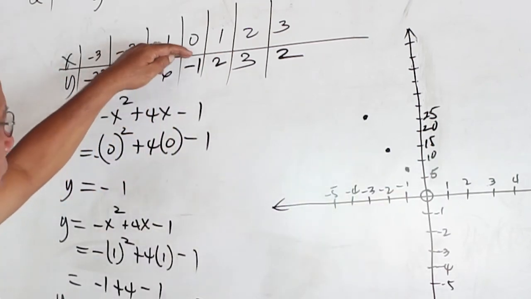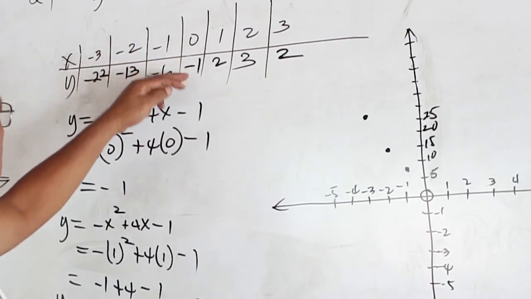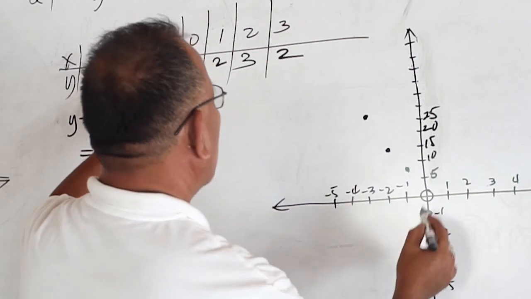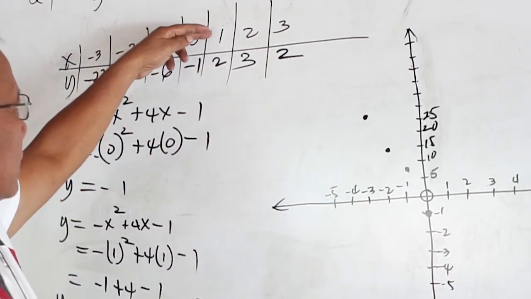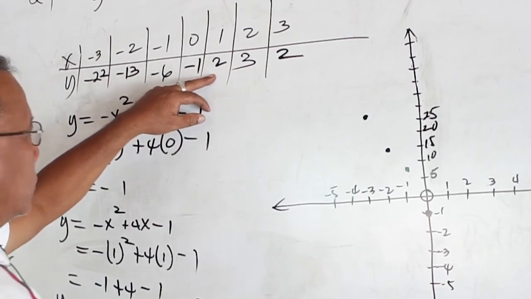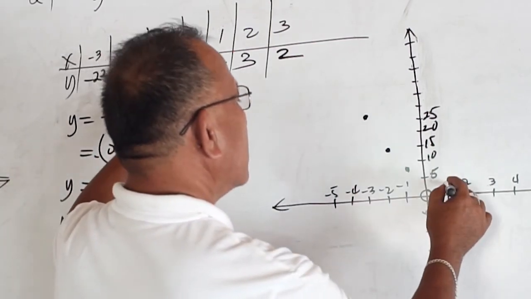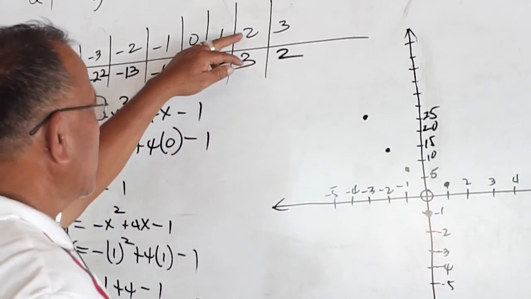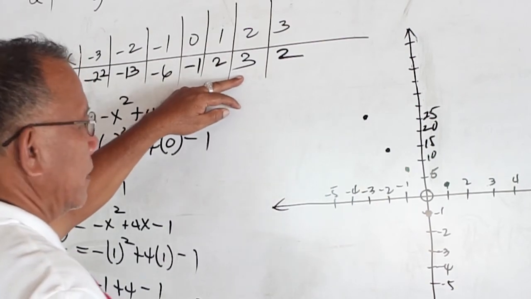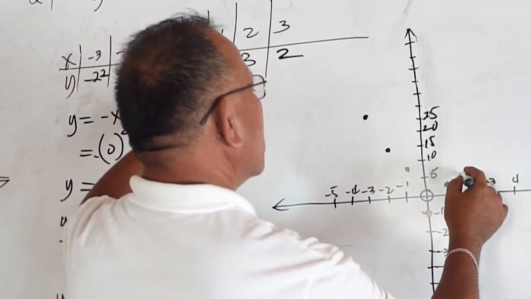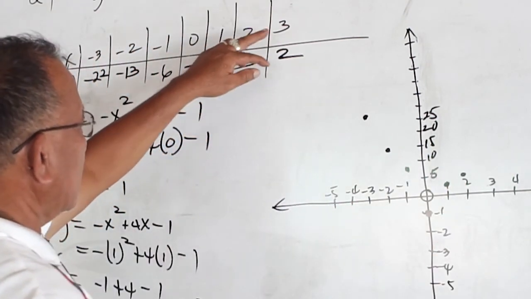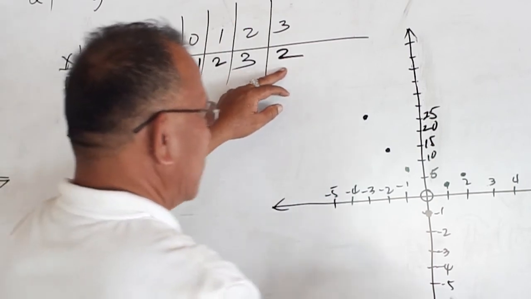The next, x is 0 and y is negative 1. The next, x is positive 1 and y is positive 2. The next, x is positive 2 and y is positive 3. Then last, x is positive 3 and y is positive 2.